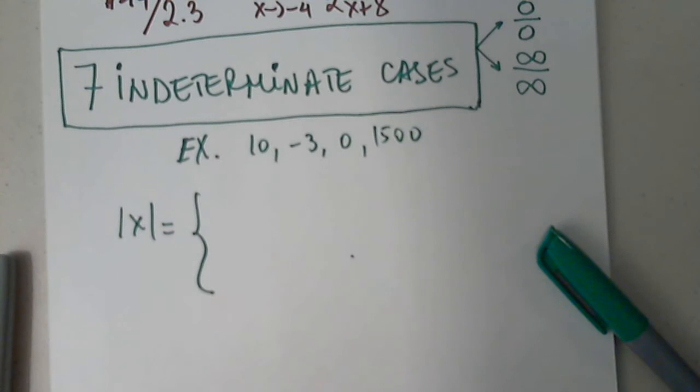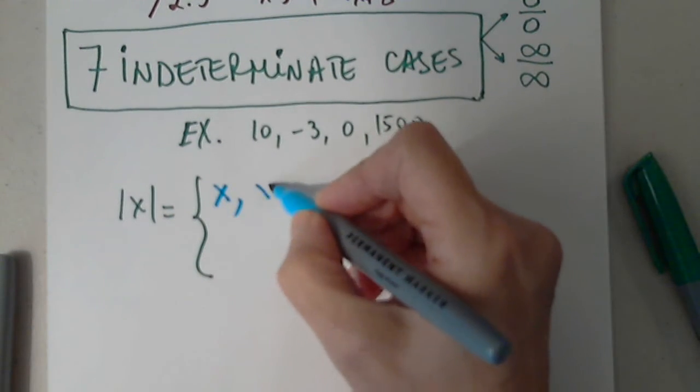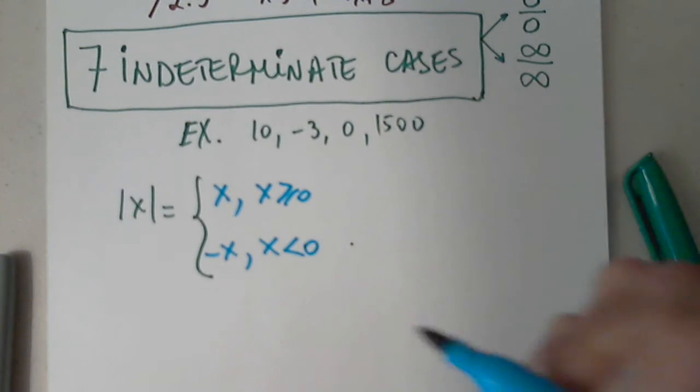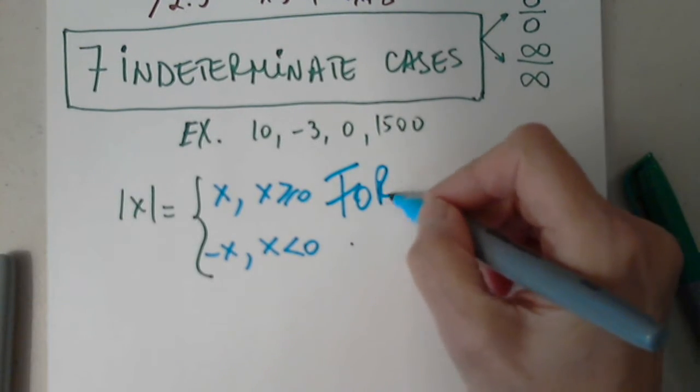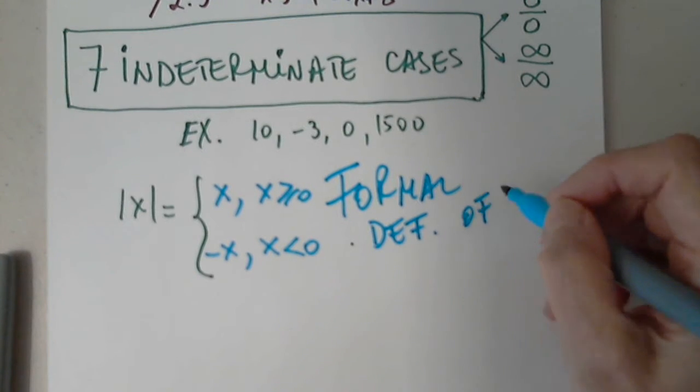What are the options? So one option is x for x greater than or equal to 0. The other option is negative x for x less than 0. This is the formal definition of the absolute value.